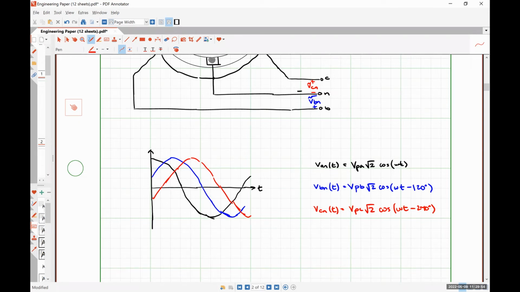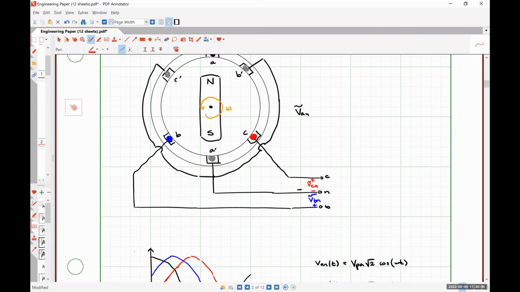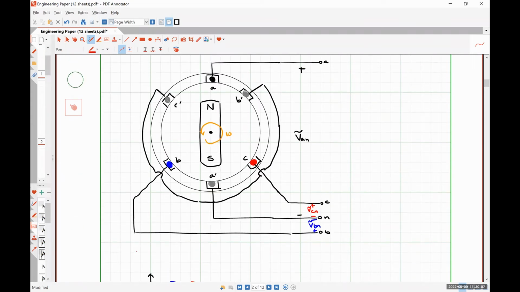Okay. Now I've made an assumption here. That's because these things are supposed to be manufactured in this way, that the physical separation between the coil representing phase A and the coil representing phase B is 120 degrees apart along this circle.